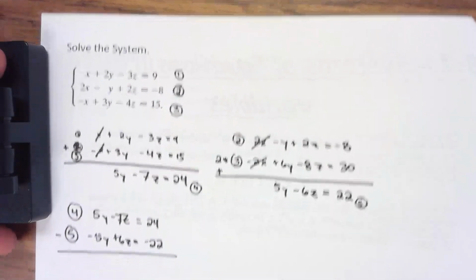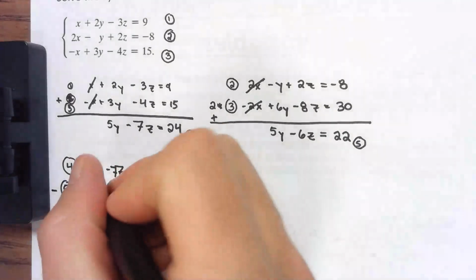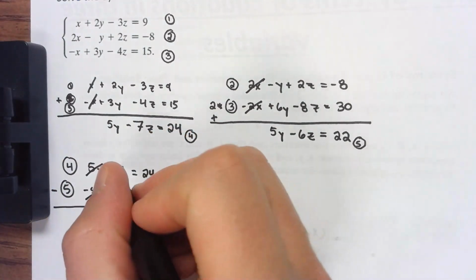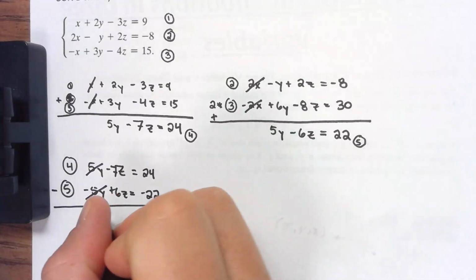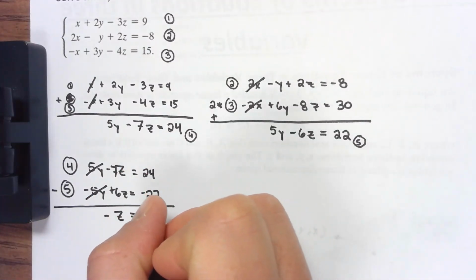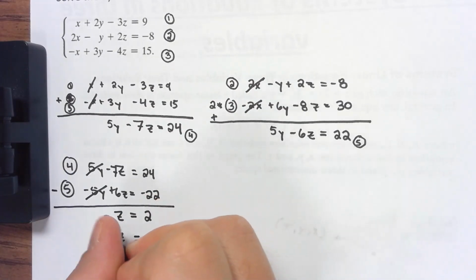Everything seems to match out there. So we're essentially subtracting, but by me multiplying by negative 1, that takes care of the subtraction. So now I'm adding these, where the y's will eliminate. And then negative 7z plus 6z is negative 1z. And then 24 minus 22 is 2. And thus z equals negative 2.